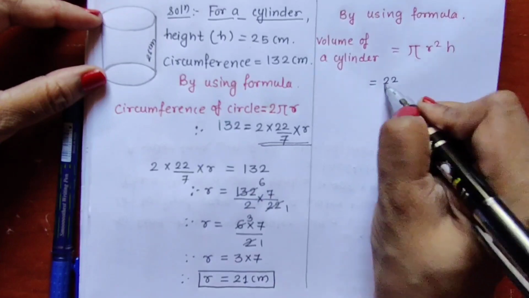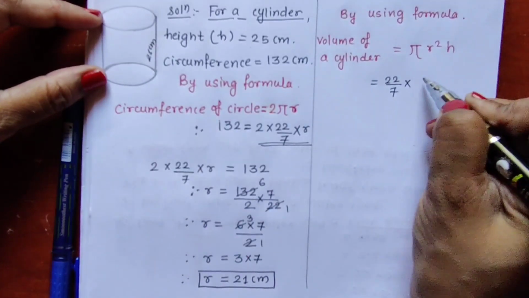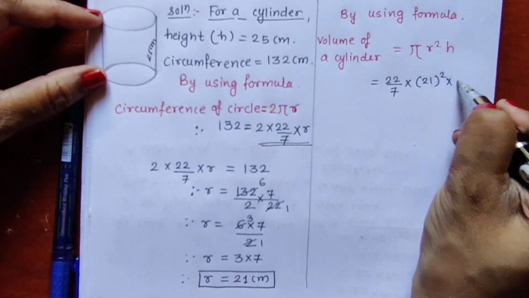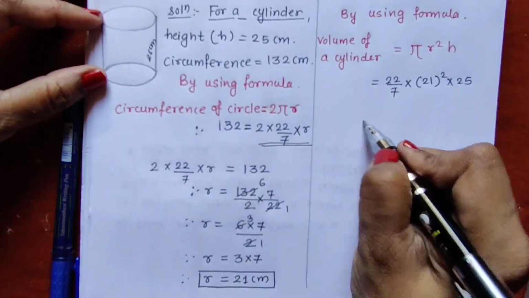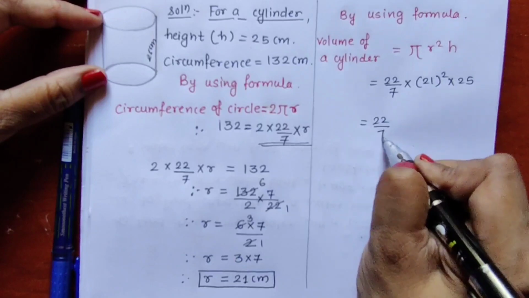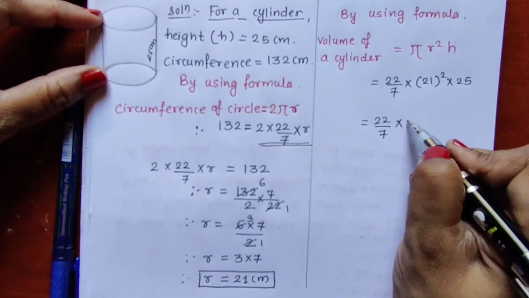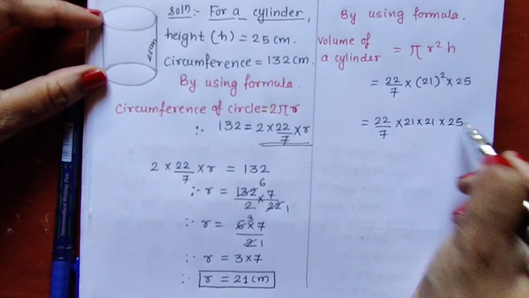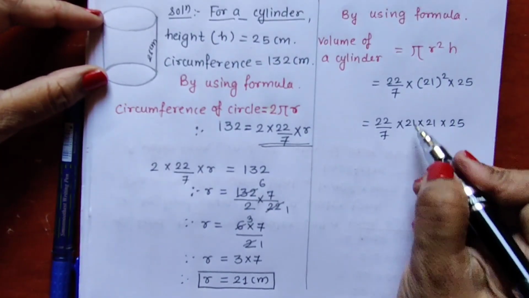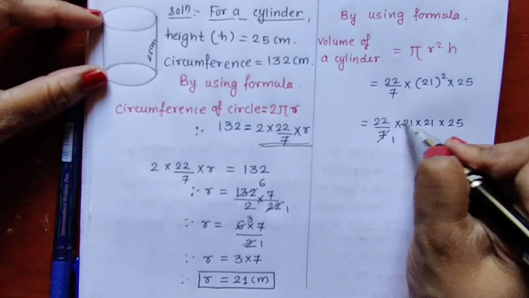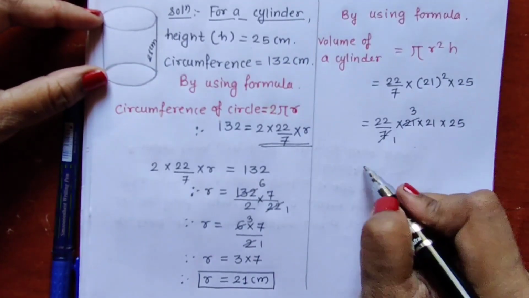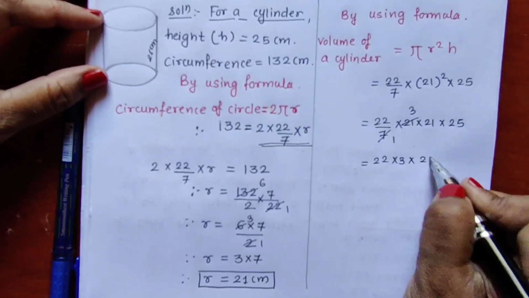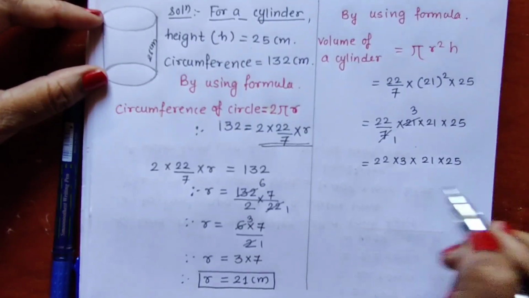Pi value 22 upon 7. R square is 21 square. Multiply by H is given 25. So 22 upon 7. Instead of writing square of 21, we write 21 multiply by 21 2 times and multiply by 25 as it is. Now cancel this 21 by 7. 7 ones are 7, 7 threes are 21. So we are getting 22 into 3 into 21 into 25.